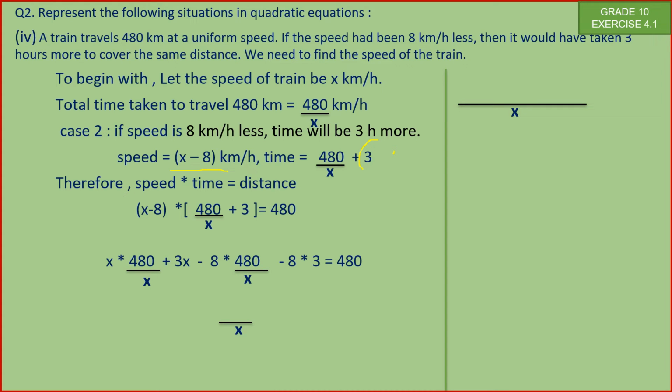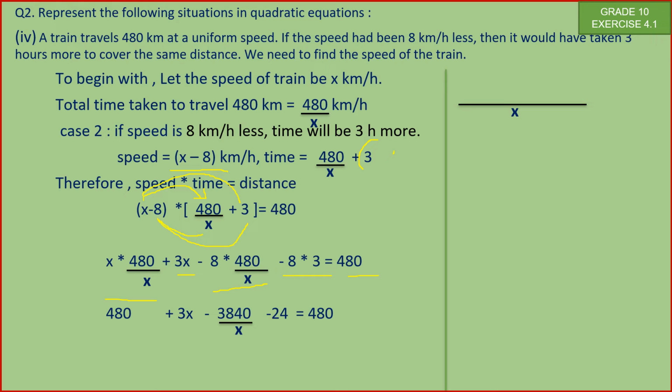Now this is just multiplication over the brackets. So we will distribute this x to the 480 by x, which will give this term. Then x multiplied by 3 will give this term. Then we have minus 8 multiplied by 480 by x, which will give this term, and minus 8 multiplied by 3, which is this term, and we will equate it to the distance.